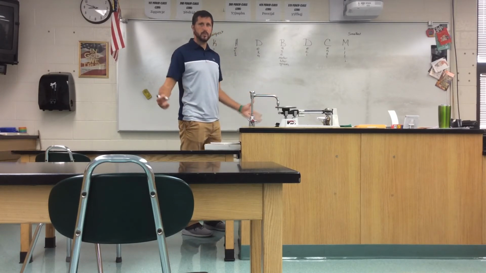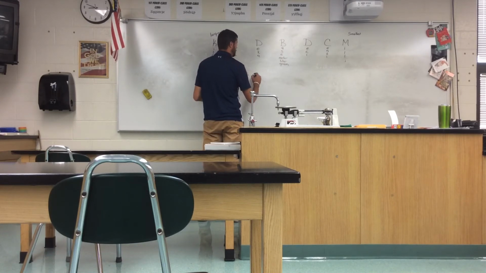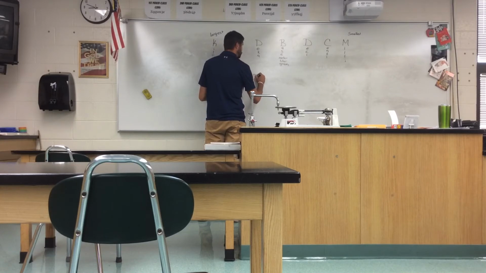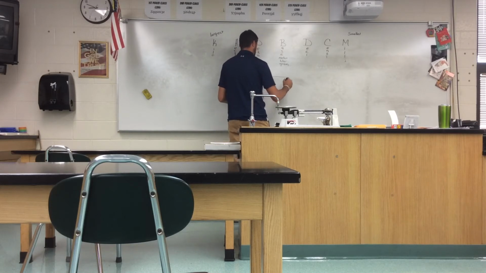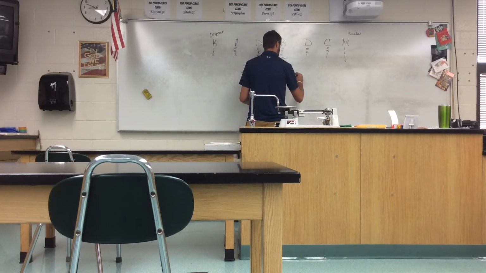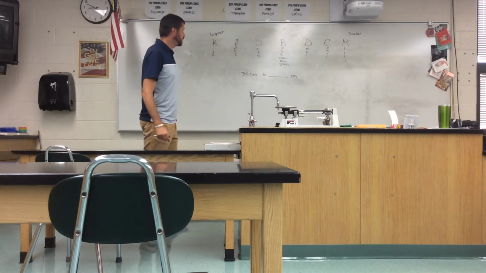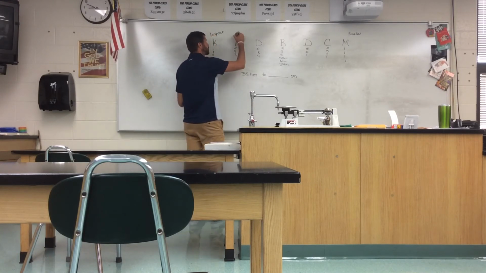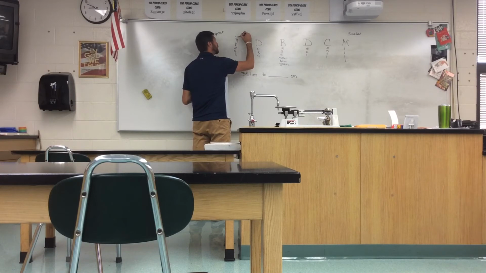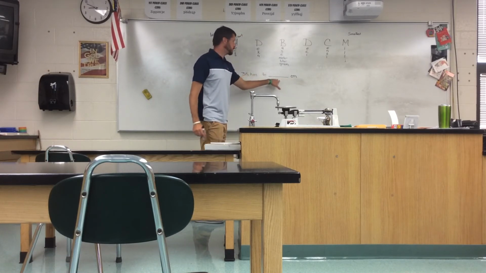So let's just do an example here. So let's say we have 35 hectometers, and we want to convert it to centimeters. All right, so we are starting with 35 hectometers. So hecto, here's where we're starting. We're starting with 35 hectometers, and we want to end up with centimeters, but we just don't know how many centimeters.